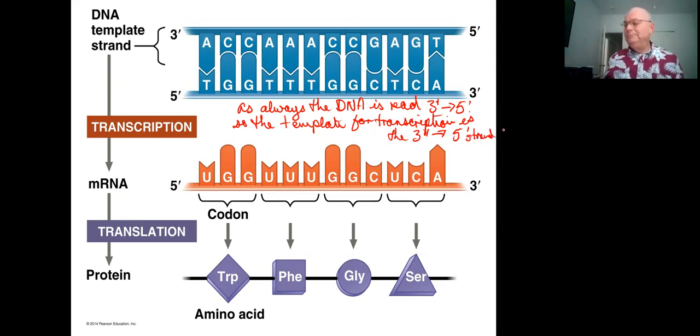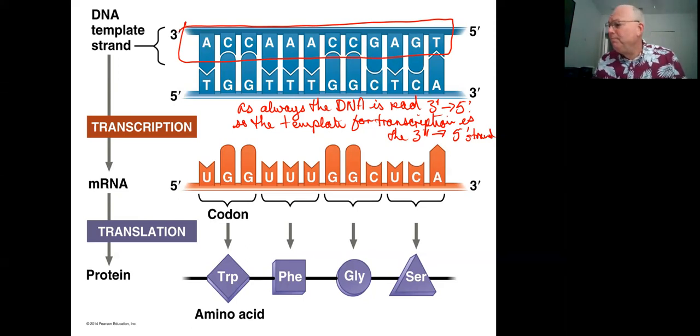So if we're looking at this picture, this is our template strand. So this is the actual gene sequence that we're looking at. So when transcription takes place, you're going to make a complementary strand.